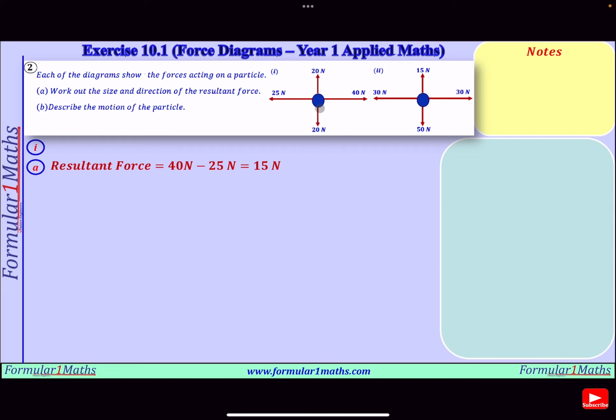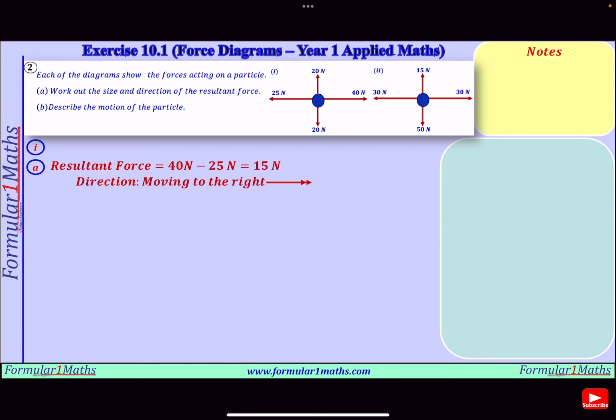But if we look at the horizontal direction, we see that the force acting to the right is bigger than the force acting to the left. And so there is a resultant force acting to the right, which is equivalent to 40 minus 25 equals 15 newtons. And that, like we said, is acting to the right.